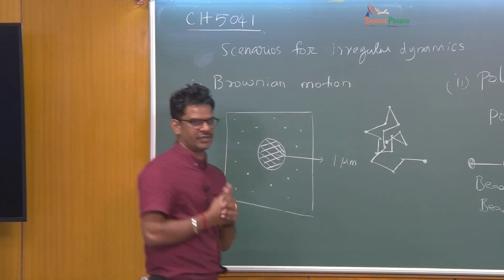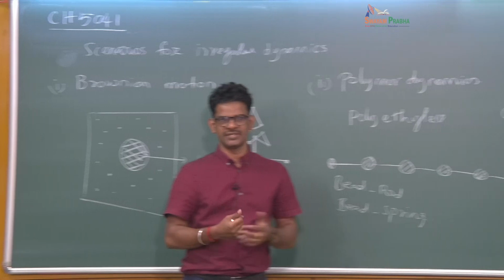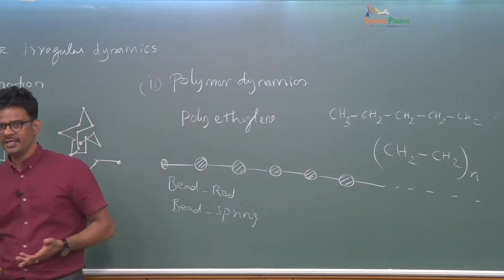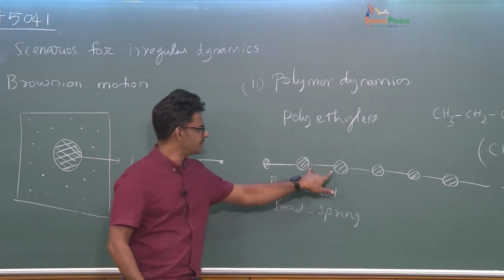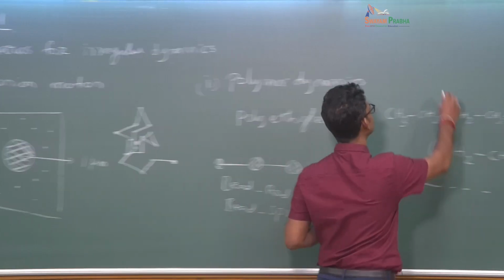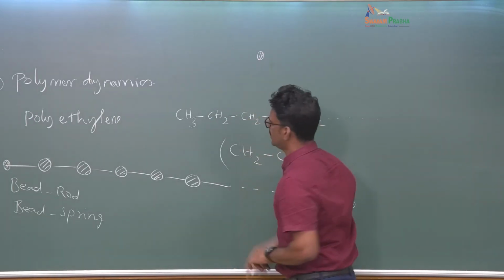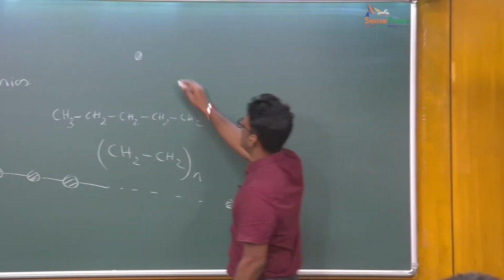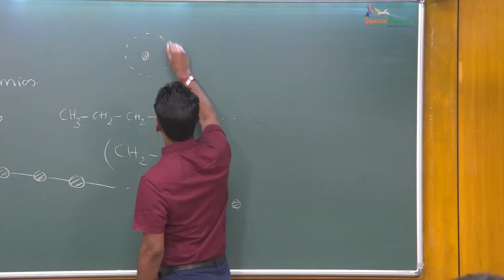Suppose that is the observation you want to understand. Then this end-to-end distance is determined by the sum of the individual displacement of each bond. Suppose I start from here. Now this second bead can be anywhere in a radius of the bond distance.